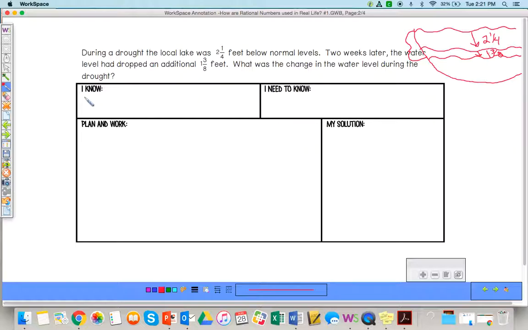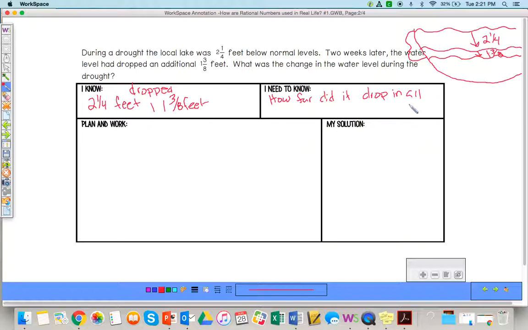The things that we know are that it originally dropped 2.25 feet, and then it dropped 1 3/8 feet. So what we need to know is how far did it drop in all?